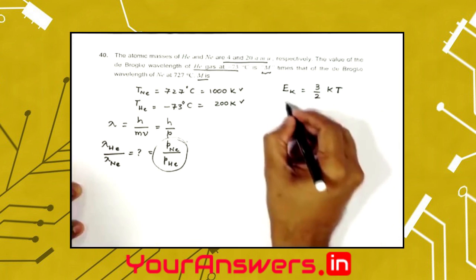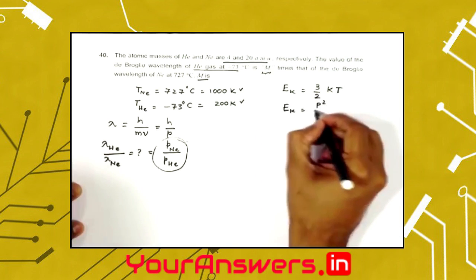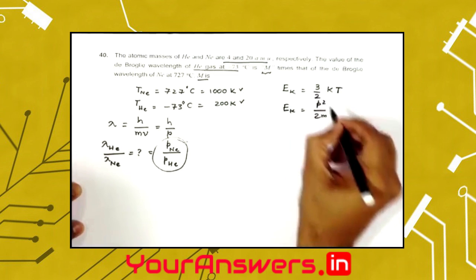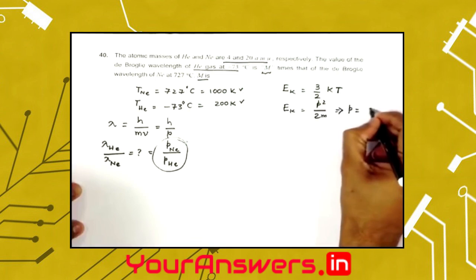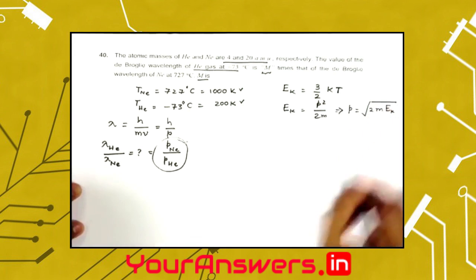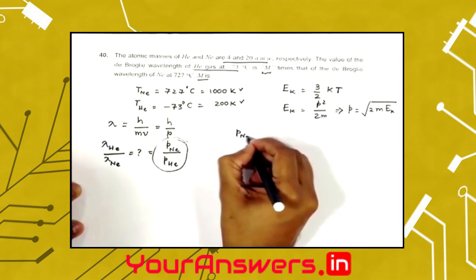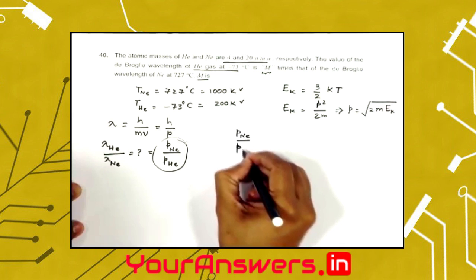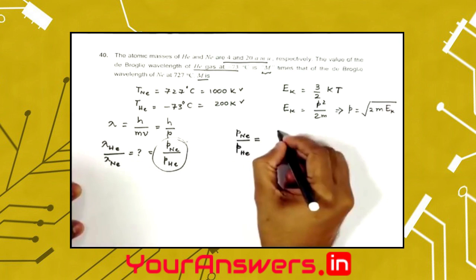Alright, and we know that kinetic energy E is p square by 2m, the square of momentum divided by 2m. So, therefore, momentum is the square root of 2m times kinetic energy.